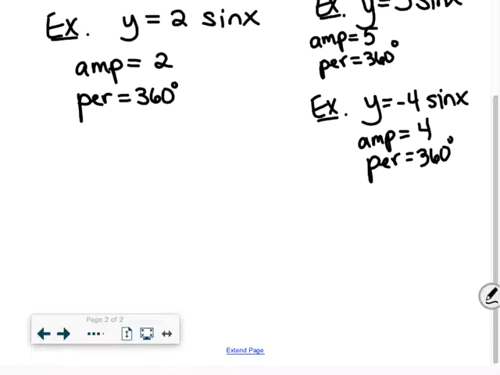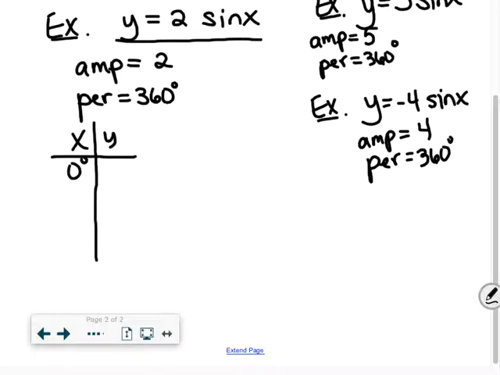So let's go back to my y equals 2 sine x. When you put a number in front, watch this. I'm still going to use my 5 main angle measures until we figure out when the period changes. But for now, we're going to start at 0 degrees, 90 degrees, 180, 270, 360.